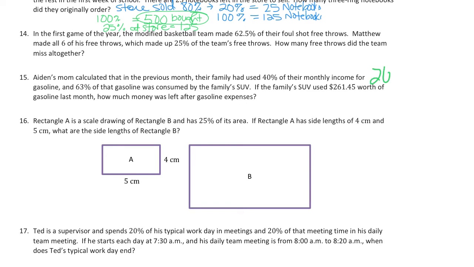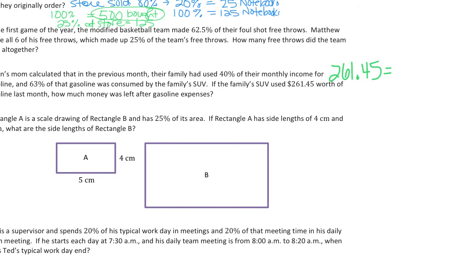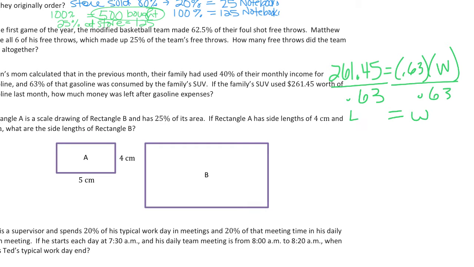So $261.45 equals 63% times the whole. So I divide both sides by 63/100. And the whole amount that they spent on gasoline was $415.